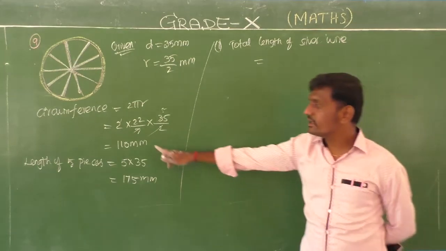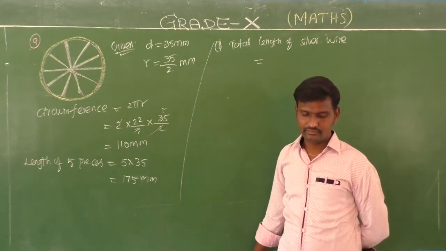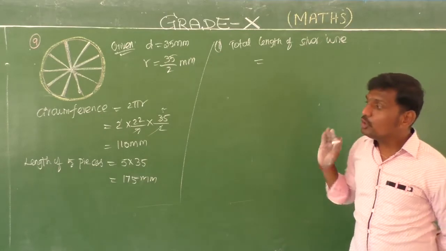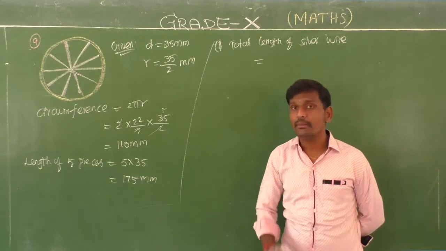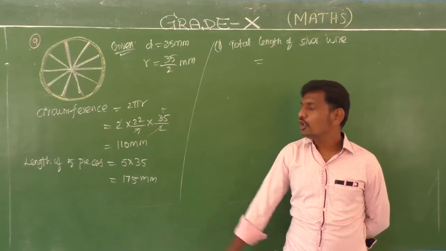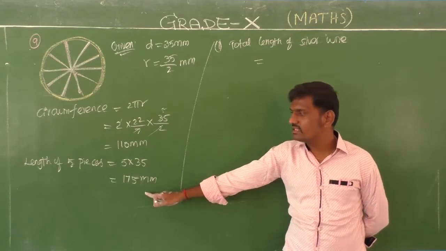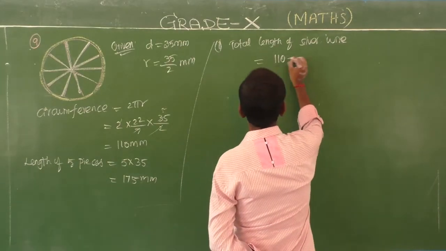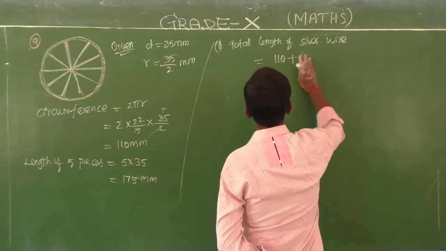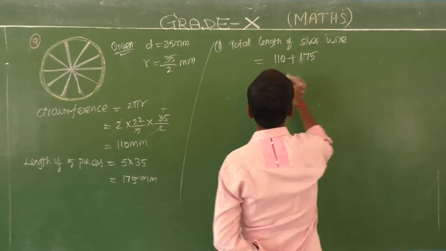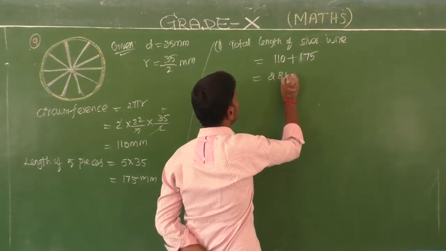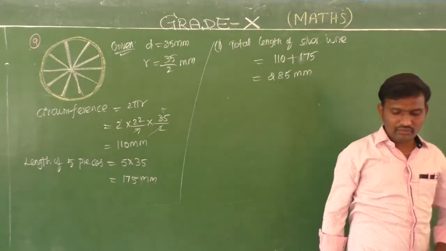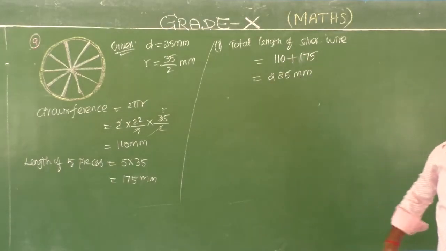You have a circumference of 110, and you have 5 pieces of diameter in the brooch. The total length is 175 millimeter. So I am going to add these two: 110 plus 175 to get 285 millimeter. So this is the total length of the silver wire.